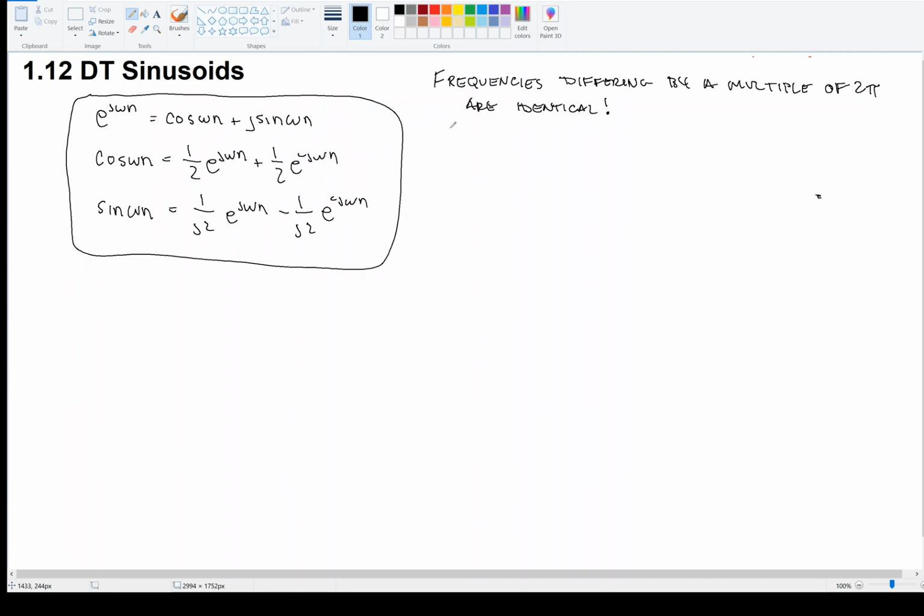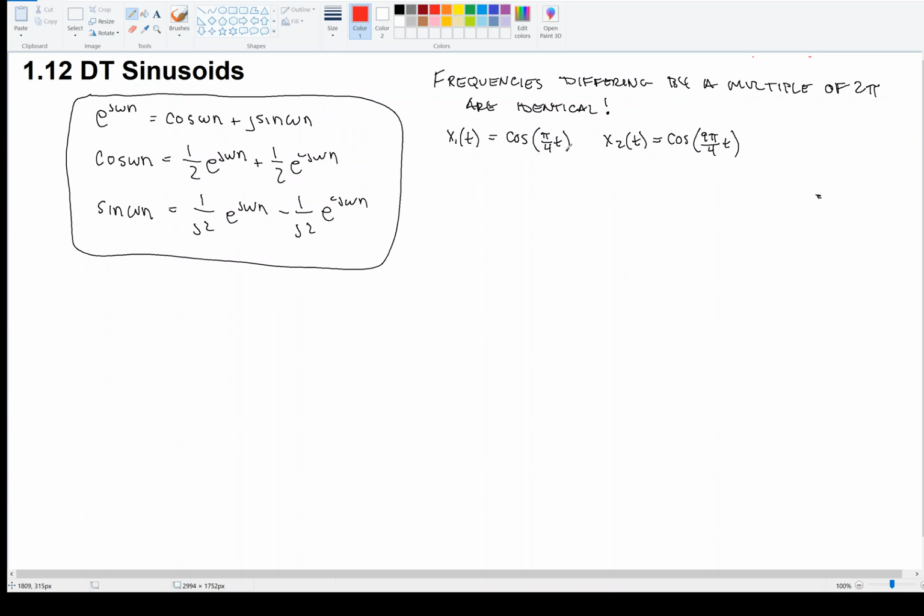So let me give you first a continuous time example. Cosine of, let's say, pi over 4 t, and we'll call it x2, cosine of 9 pi over 4 t. Now, in continuous time, these are not identical.